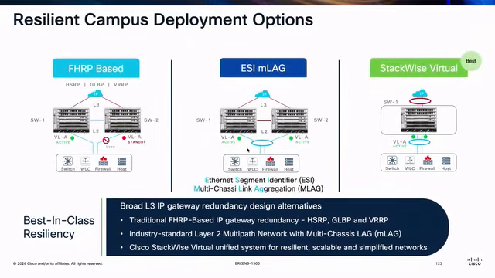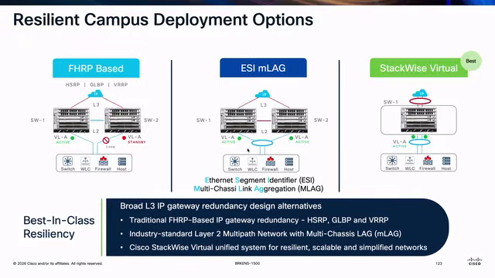And we can have different applications of high availability, like the first hop redundancy protocol we already covered. There is something called ESI MLAG, which is Ethernet Segment Identifier multi-chassis link aggregation, right? So I like to decode the names.